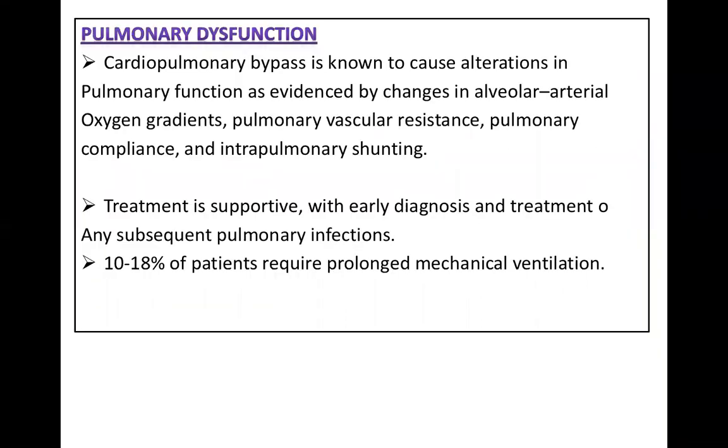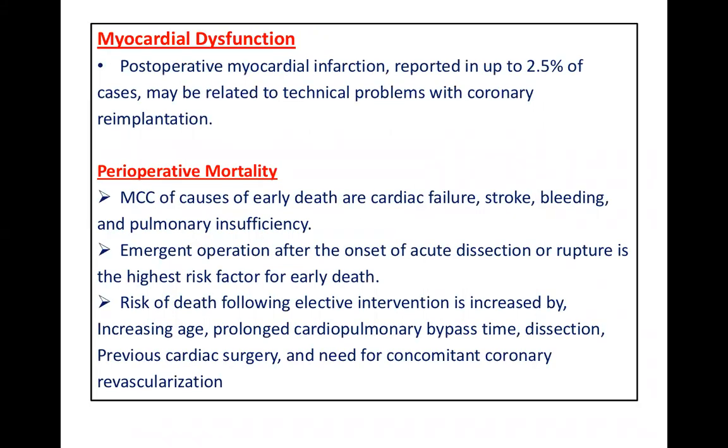Pulmonary dysfunction: cardiopulmonary bypass is known to cause alteration in pulmonary function. Treatment usually is supportive, and about 18% of patients require prolonged mechanical ventilation. Myocardial dysfunction is reported in 2.5%, and may be related to technical problems with coronary reimplantation.